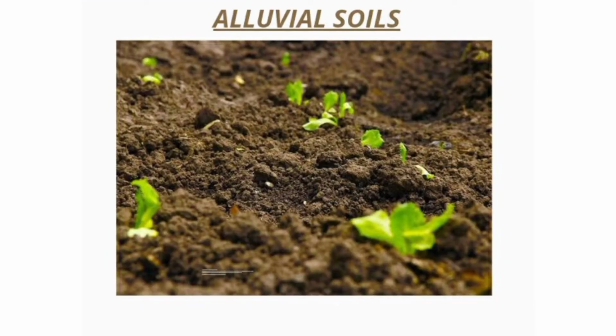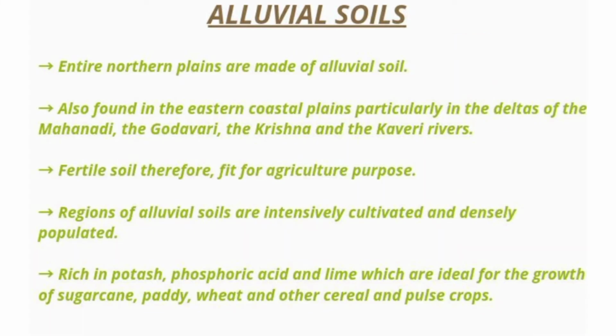Alluvial soils. The entire northern plains are made up of alluvial soil. Also found in the eastern coastal plains, particularly in the deltas of the Mahanadi, the Godavari, the Krishna, and the Kaveri rivers.